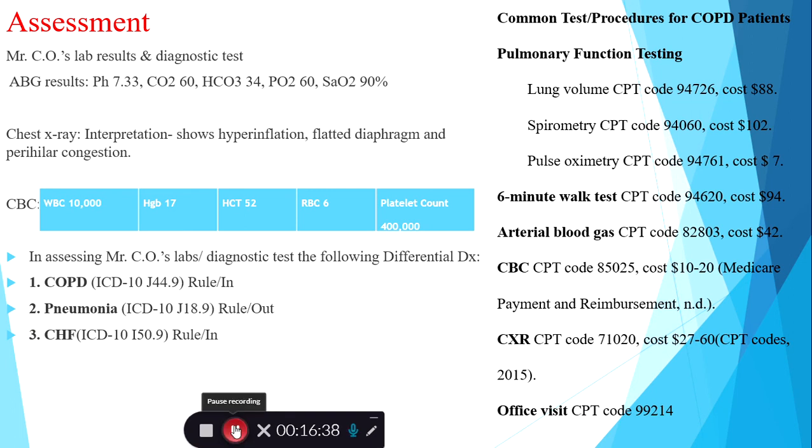Also on this slide, you will notice that I have displayed other common tests or procedures that are common for COPD patients, including pulmonary function testing, a 6-minute walk test to determine their oxygenation level, and requirements for home O2, an arterial blood gas, a CBC, chest x-ray, and ultimately an office visit.